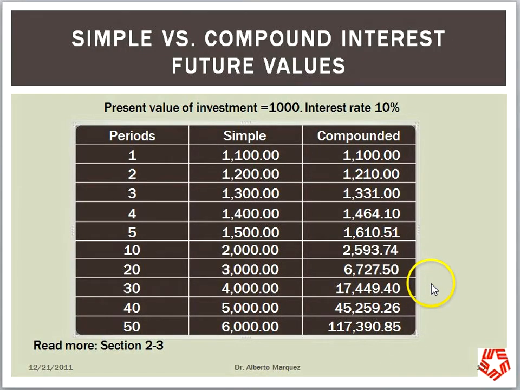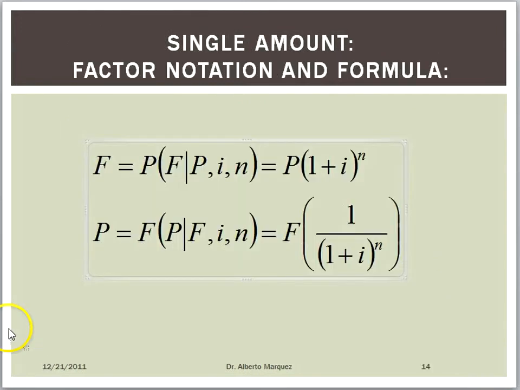Now, for the rest of the course, we will continue exclusively with compounded interest rates. Okay, so the formulas that we have right now on the screen will be the ones that we will be using. Notice that we have a future value here, and that can be computed as a function of what we know about the present value, which is denoted by the letter P. And in the compound interest rate, we have (1 plus i) to the n as a factor that would allow us to compute a future value if we knew the present value.